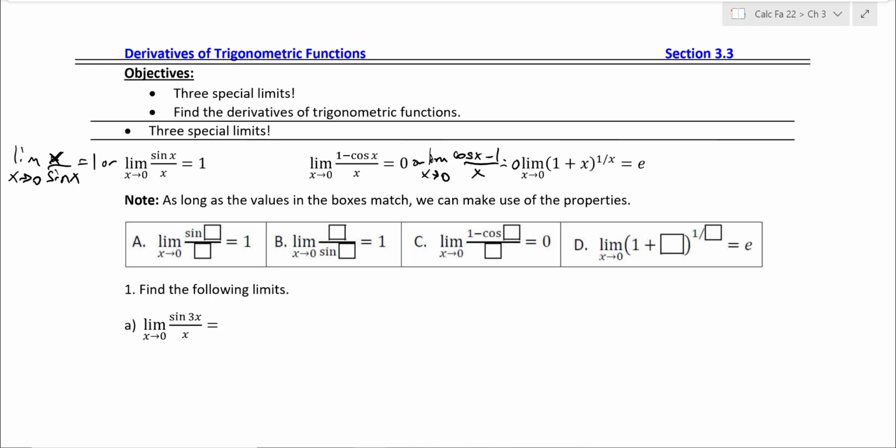So to find the following limits, we don't have the boxes matching here or the argument matching the denominator. We've got a 3x and just an x. So we need to introduce a factor of 3 to make that denominator match what's in the argument.